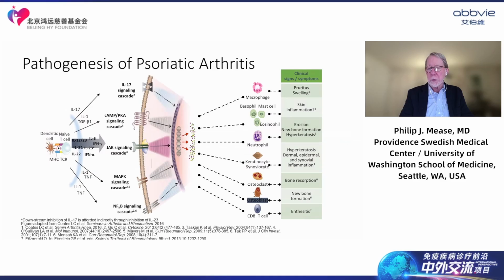This is a simple cartoon depicting the nature of the pathophysiology, in which a dendritic cell on the left-hand side of this image is being stimulated by some kind of danger signal, a change in the microbiome of the skin or the gut, for example, or physical trauma, or some other stimulus that leads the cell to produce interleukin-23 and turn on a variety of cells that are involved in the inflammation cascade noted here.